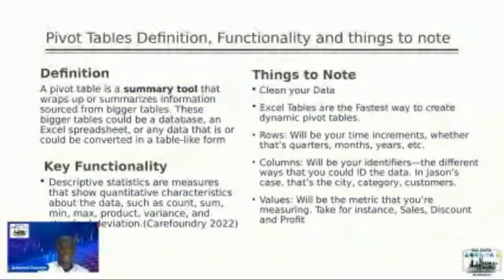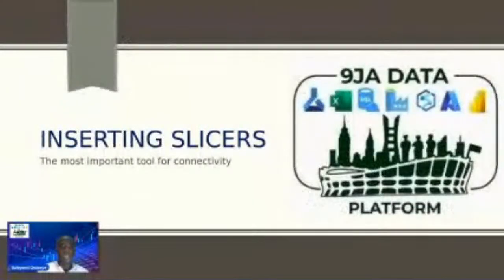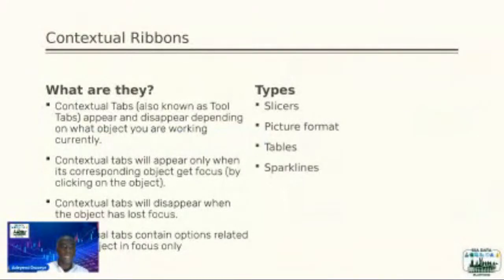The next thing is looking at charts and slicers. What are slicers? They are contextual tabs, or contextual ribbons, as some people call them. They are not always there; they are available from time to time on your Excel ribbon.